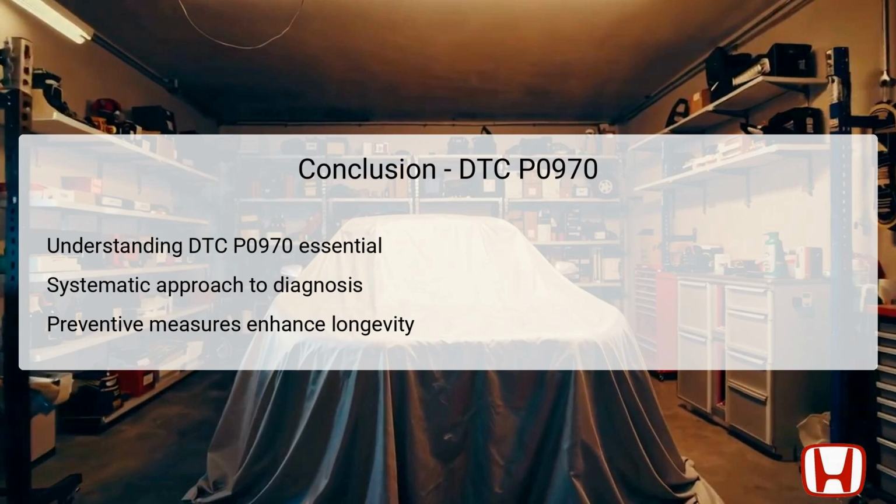The systematic approach outlined in this guide ensures that technicians can effectively diagnose and address the issues related to the AT clutch pressure control solenoid valve C. It is crucial to remember that this DTC is electrical in nature and unrelated to mechanical failures, which changes the troubleshooting perspective significantly. Implementing preventive measures, such as regular system inspections and maintenance, can extend the lifespan of vital components and promote smoother vehicle operation.